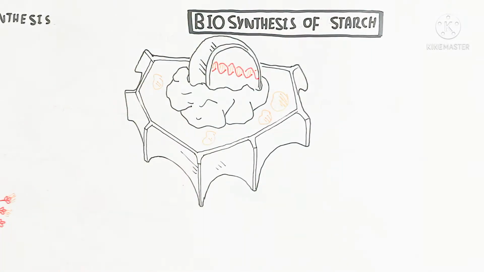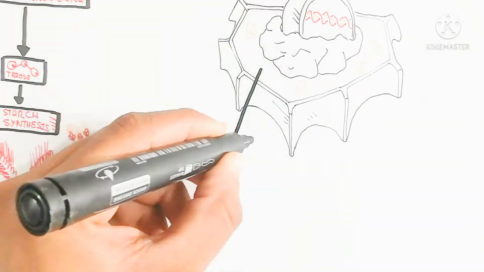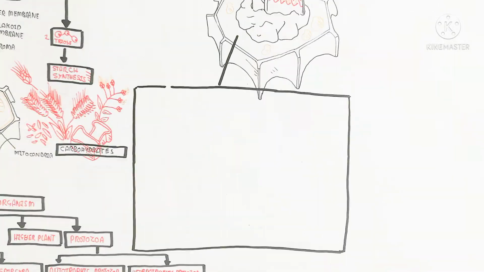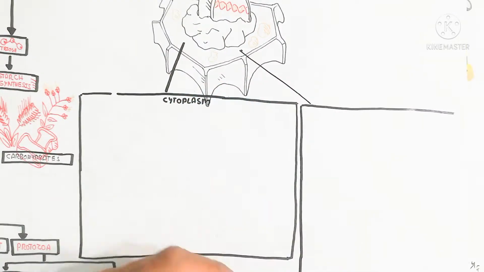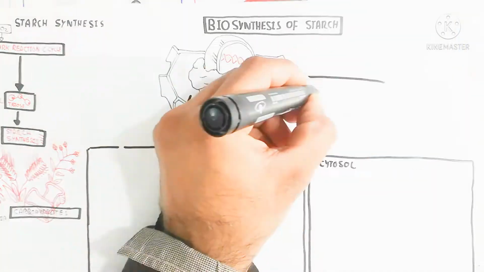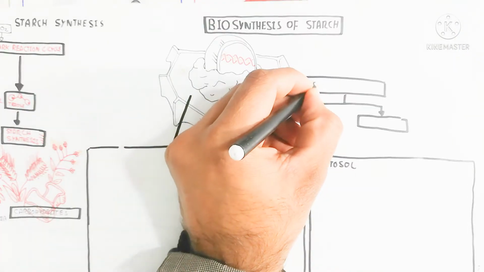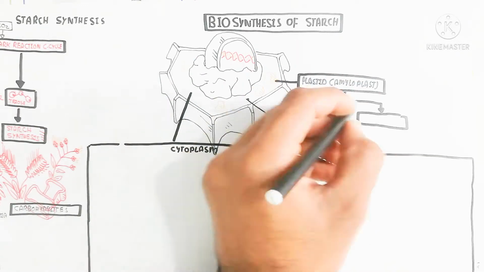Here I am drawing the cell structure again. The cell contains cytoplasm and cytosol. The cytoplasm contains living and non-living matter, while the cytoplasmic matrix is known as the cytosol, where the major chemical reactions occur.